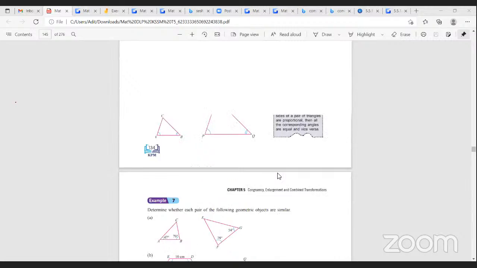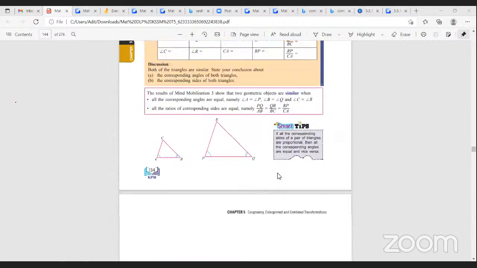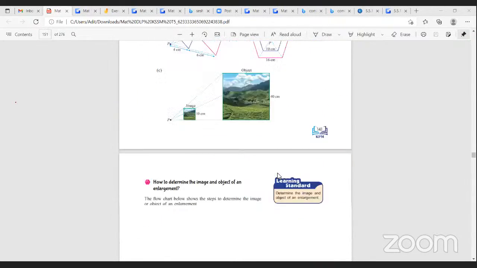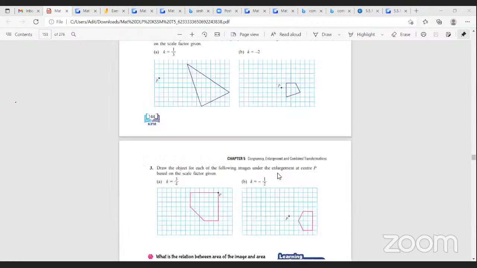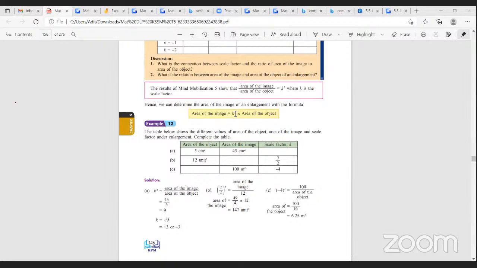So you have to make sure every single time. So when it comes to enlargement, the formula is, yes, area of the image is equal to K squared times area of the object.